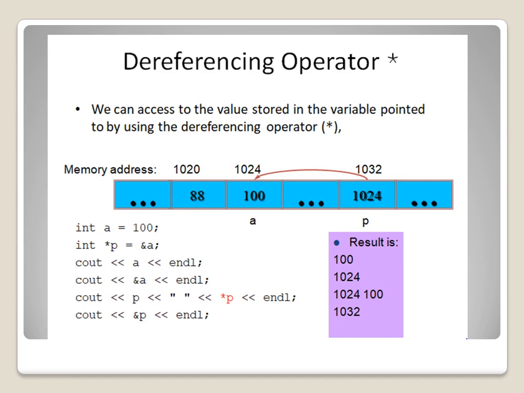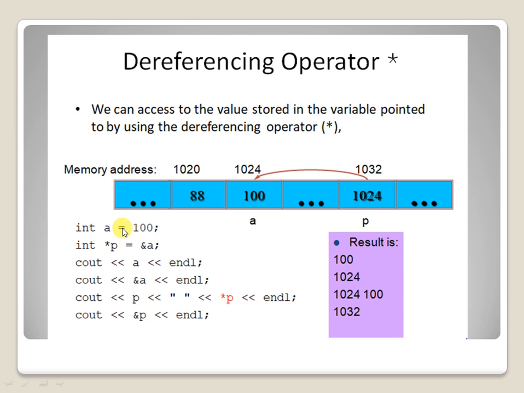Okay, so star is also known as the dereferencing operator. Why is it known as dereferencing? Because p was referencing a, so if you want to get back to the value of whatever p was pointing to, you can use the star operator.